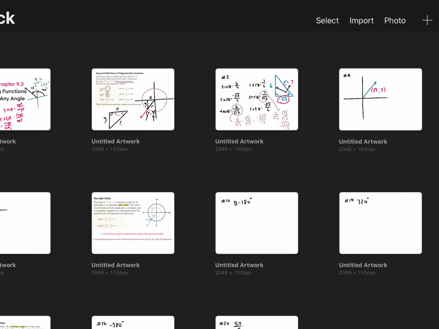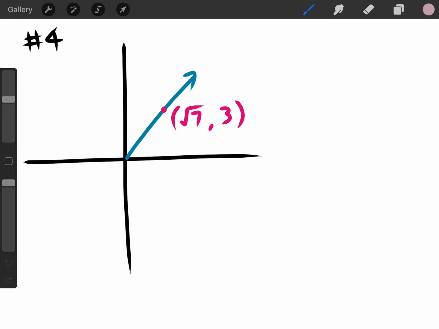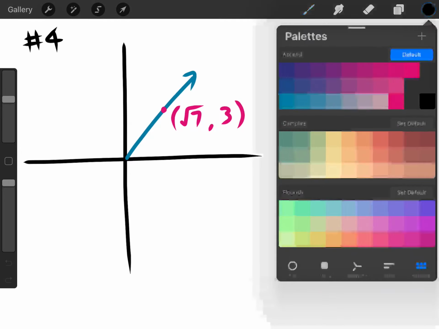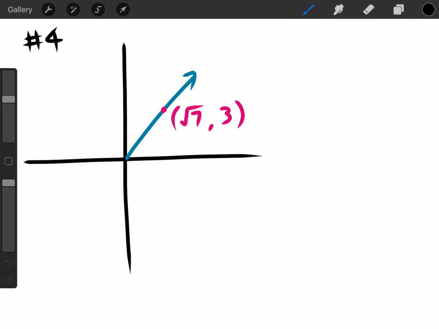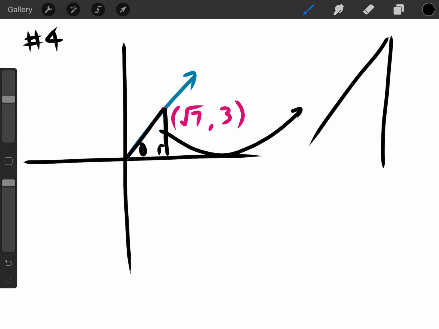So I just came up with 6 trig functions for number 2. Now let's get started with number 4. So draw a line from the point to the x-axis. You come up with the right triangle with the angle theta over here. Okay, so this is my right triangle.